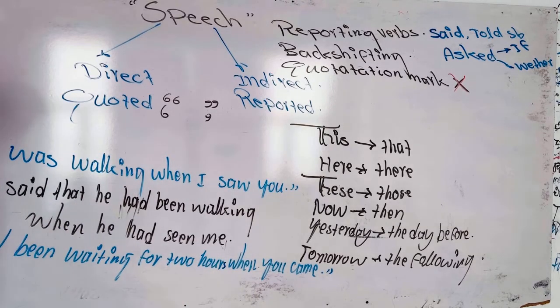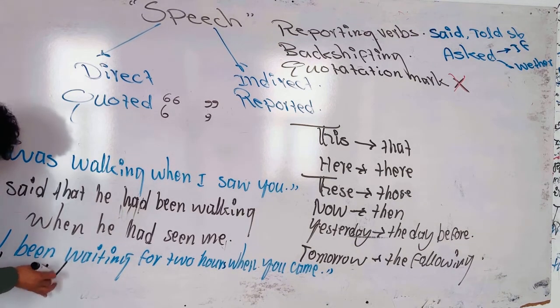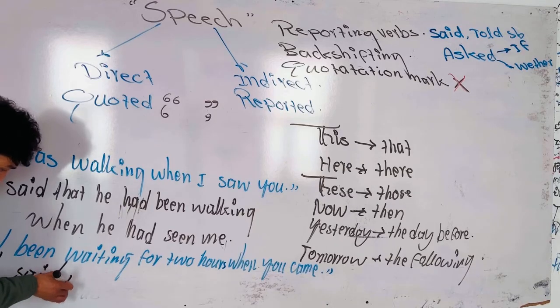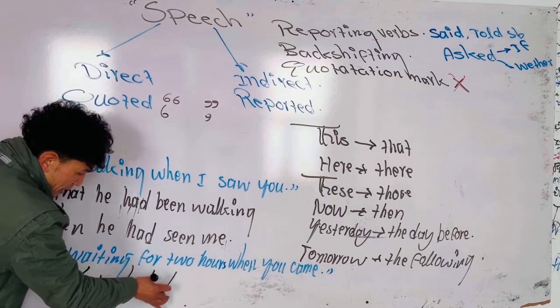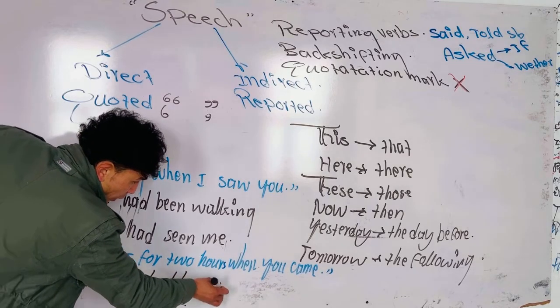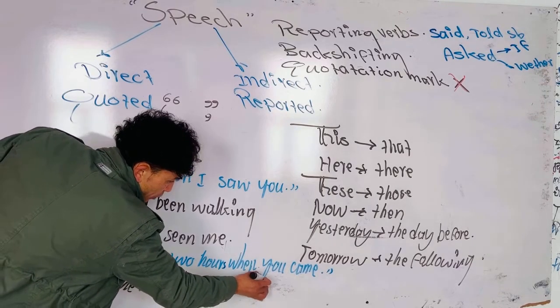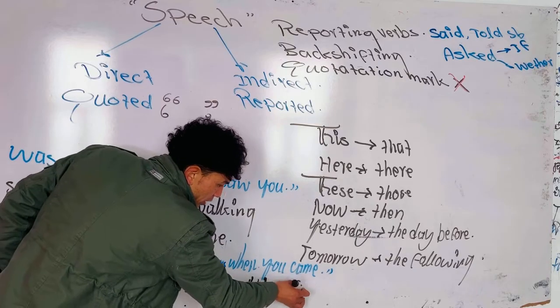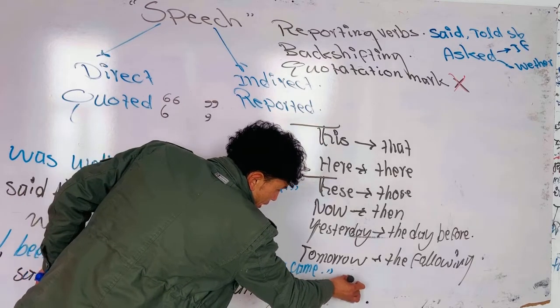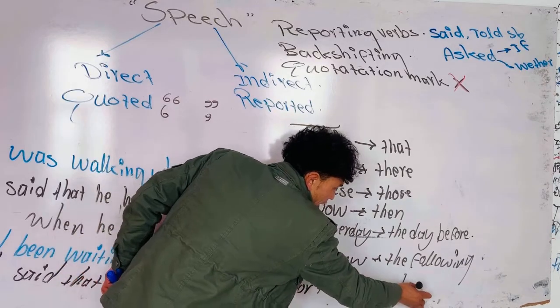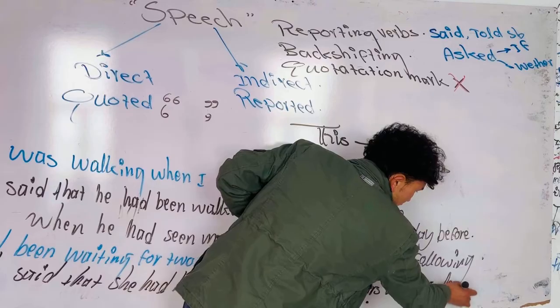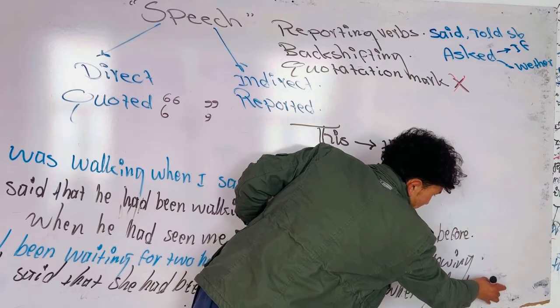Now, for example, we can say Sarah said that she had been waiting for 2 hours when I had come.